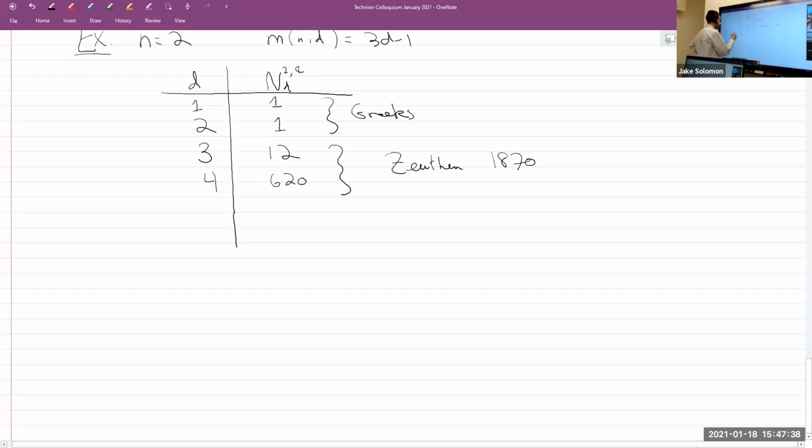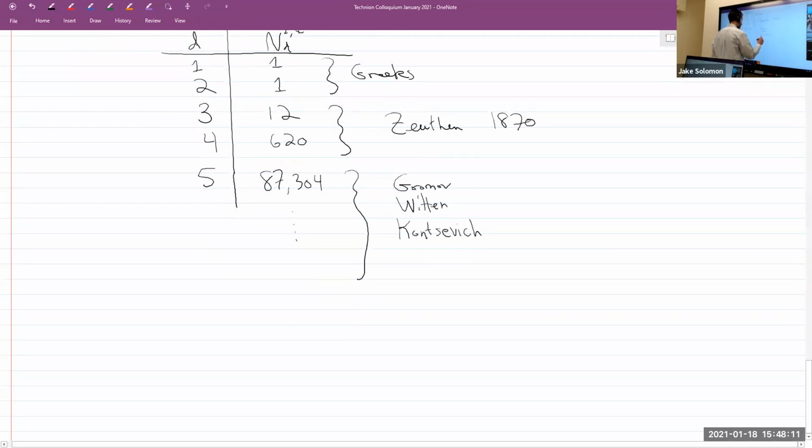And finally, in 1994, roughly speaking, but maybe the ideas started to formulate themselves in 1985, somebody came up with the 87,304, and in fact, all the subsequent numbers in this series. So this was, I guess, work of Gromov and Witten, and I think the person who actually wrote down these numbers was Kontsevich, and that went along with work with Manin.